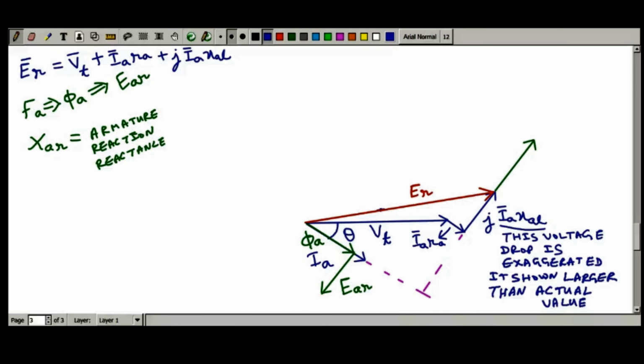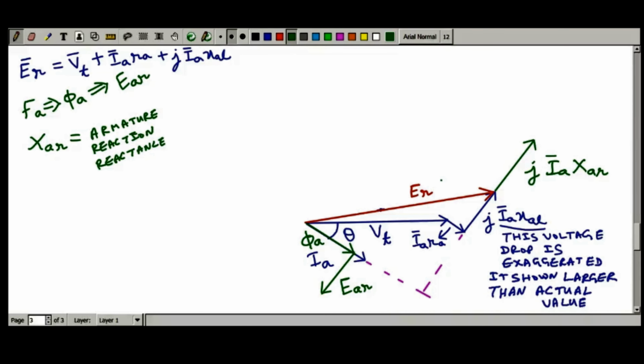Okay, so now this is your IA XAR drop. This thing is your J into IA into XAR drop. Now, if we go by this particular equation, what was the air gap voltage?